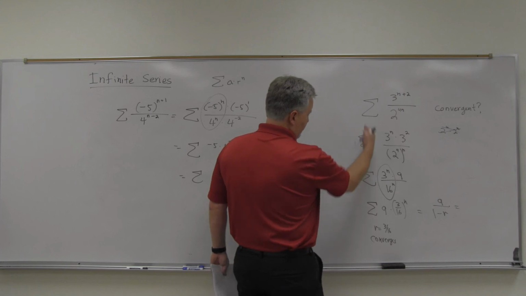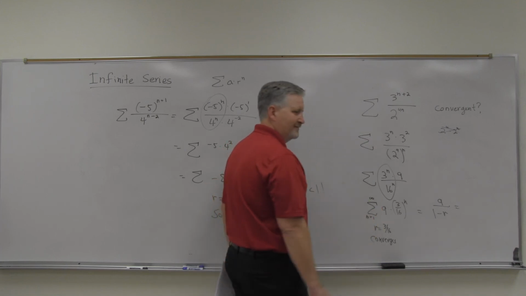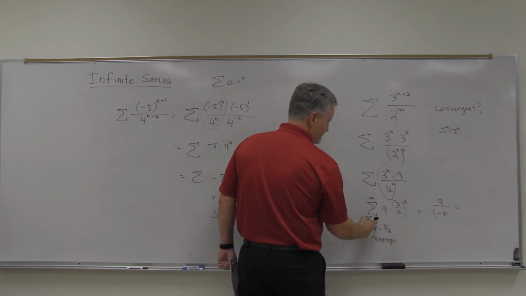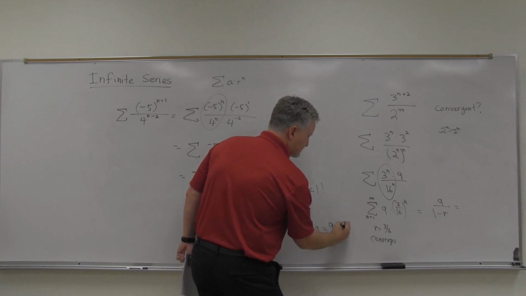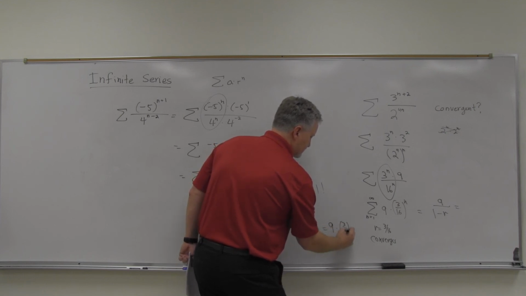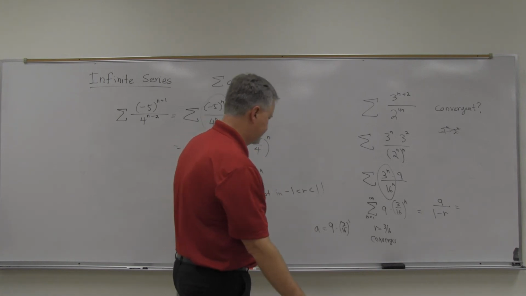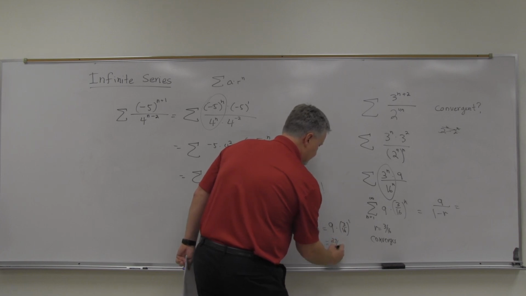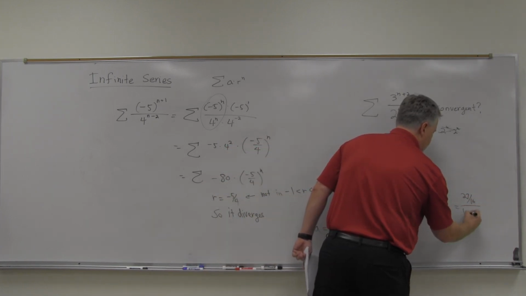Just the first term, yeah. Again, it doesn't say, it starts with 1. So n equals 1, so a would be 9 times 3/16 to the first, which is 27 over 16, right? So it'd be 27 over 16 over 1 minus r.